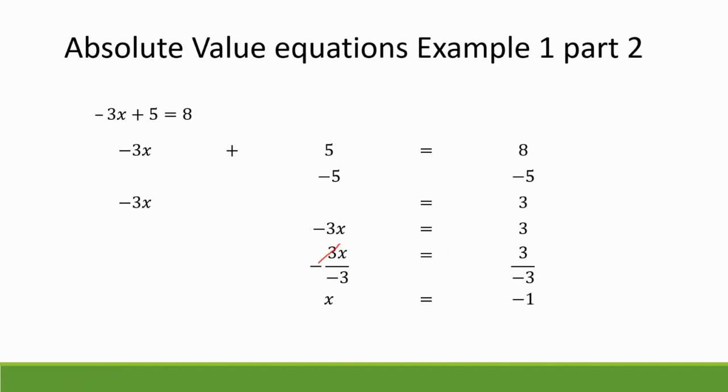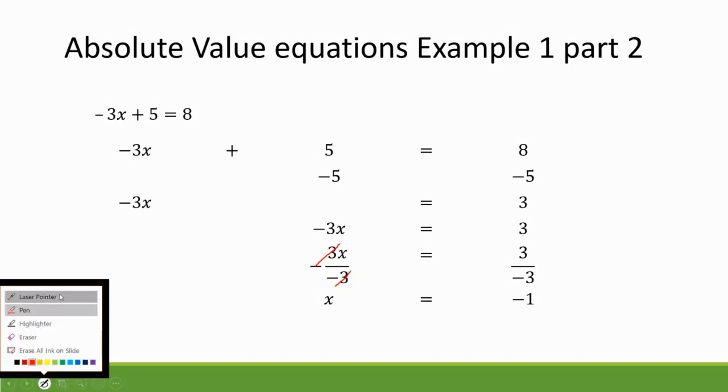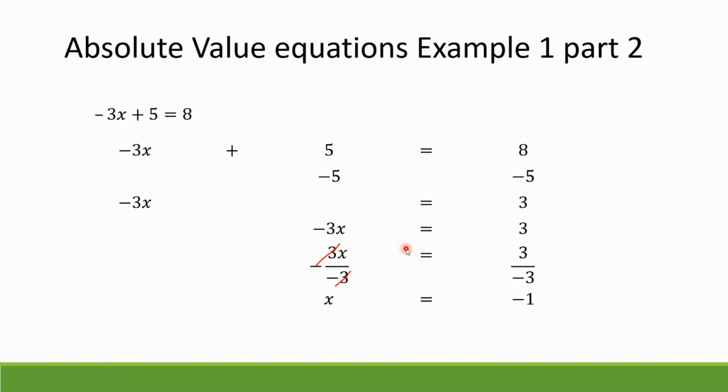So we divide by negative 3. Doing so, we get x equals negative 1. So that's how we solve this one. The 2 solutions then are negative 1 and 13 over 3. One equation we got when we had 8, the other one we got was negative 8.